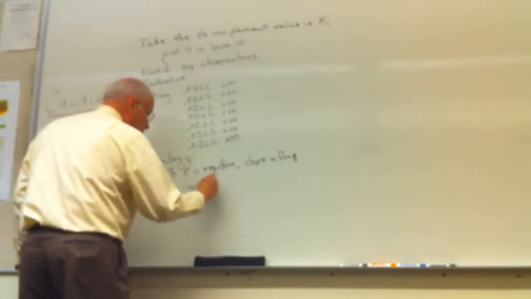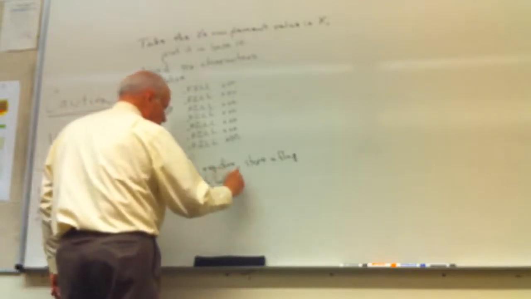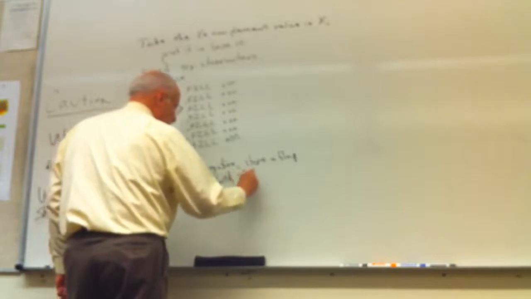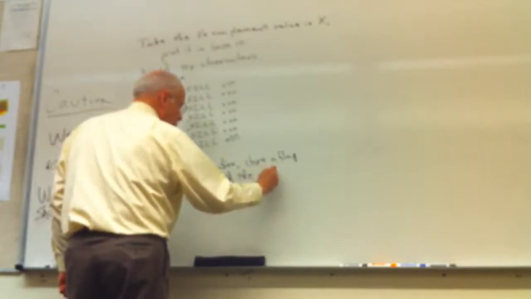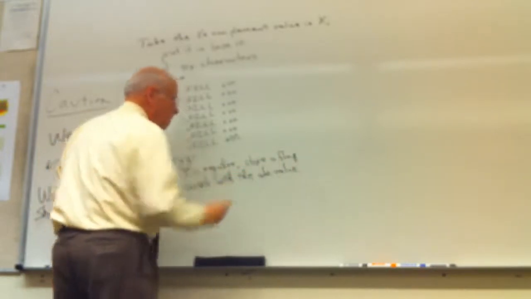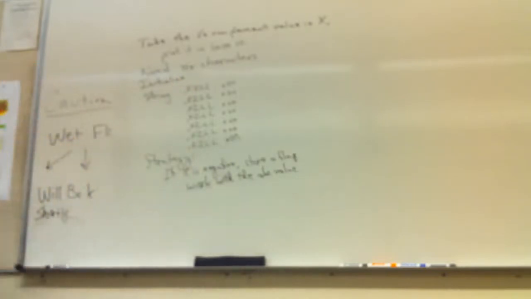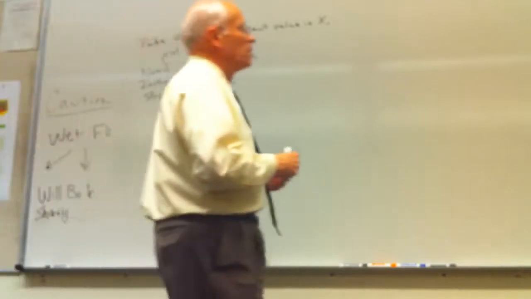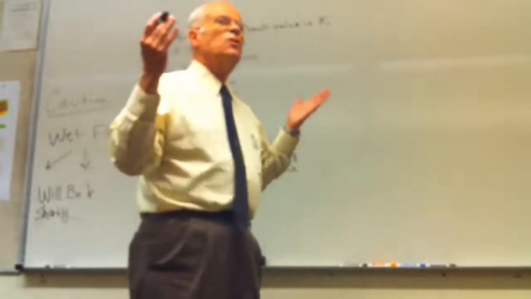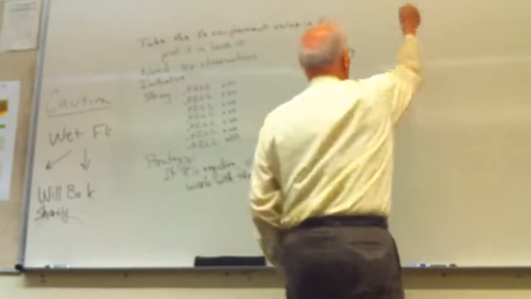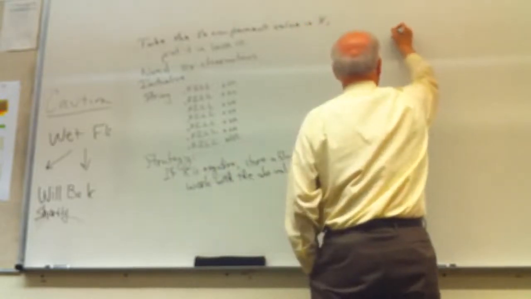Then I will work with the absolute value. In other words, as I start doing the extraction of each of the digits, I want to work with a positive number. So the very first part, well, there may be some things before this, but I'm going to do this thing.